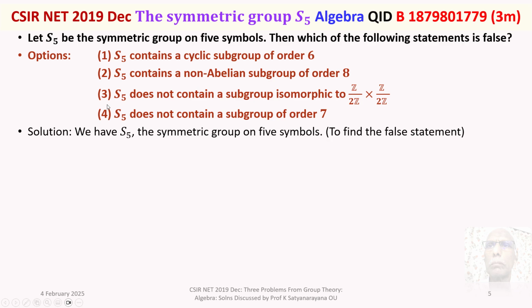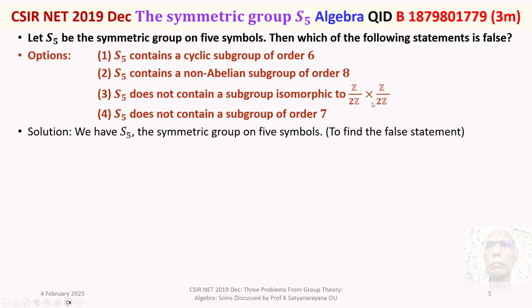Look at option 3: S5 does not contain a subgroup isomorphic to Z/2Z × Z/2Z. Z/2Z × Z/2Z is isomorphic to Z2 × Z2, and it is very well known that Z2 × Z2 is the Klein 4 group, that is K4.